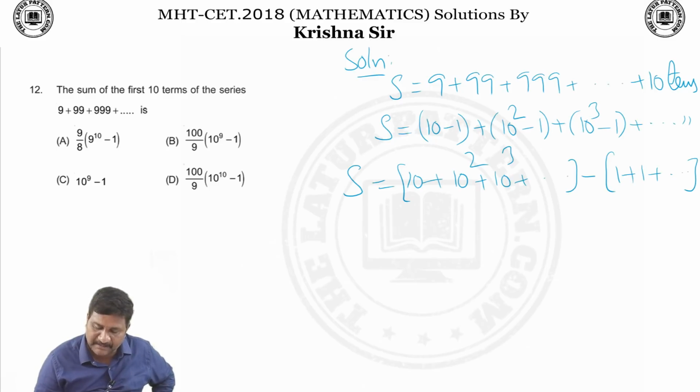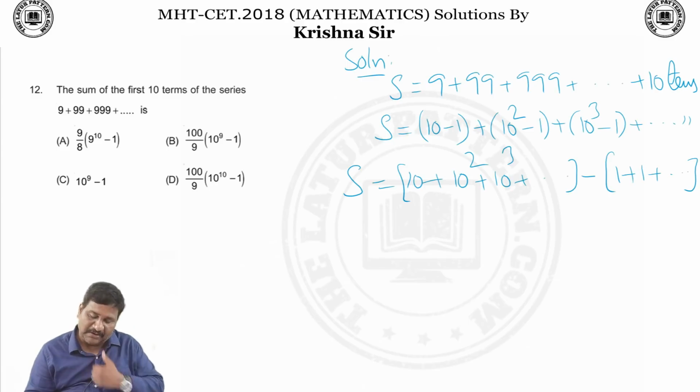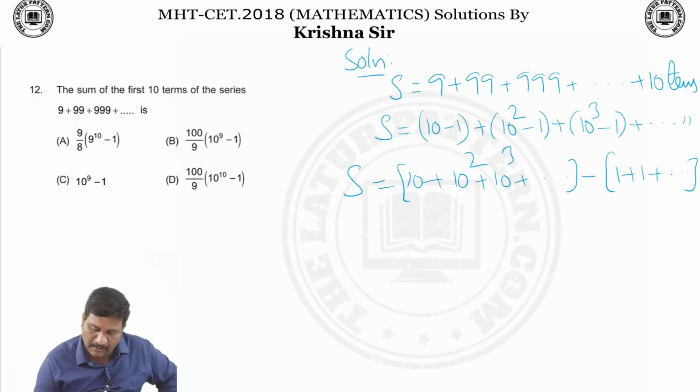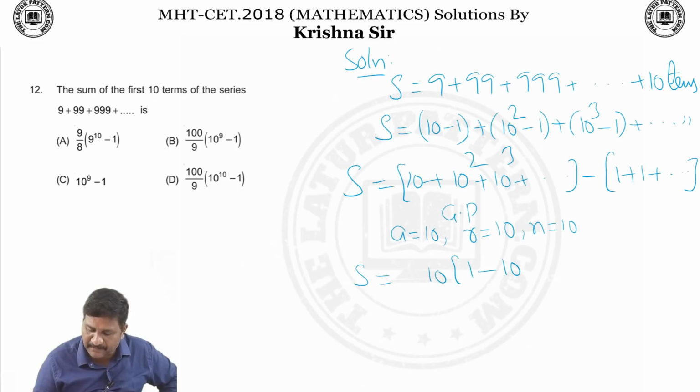So this 10 plus 10 square plus 10 cube is in GP, where the first term a is 10, the common ratio r is 10, and the number of terms n is 10. The sum of terms is a into (1 - r^n) by (1 - r), so 10 by 1 minus 10.